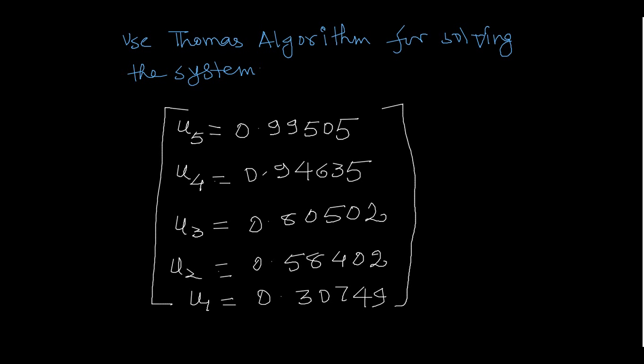So these are the values, and hence this will be your U6, this will be your U7, this will be your U8, and this will be your U9.